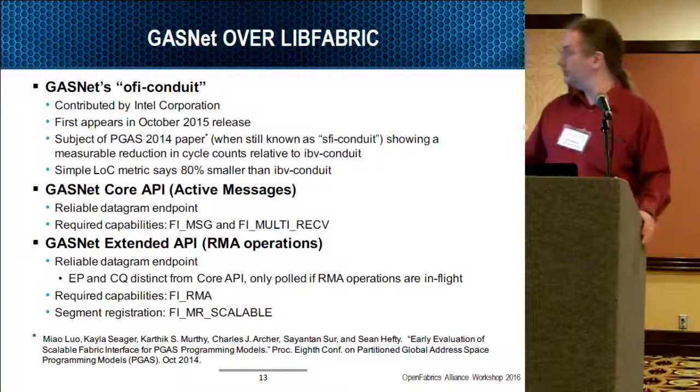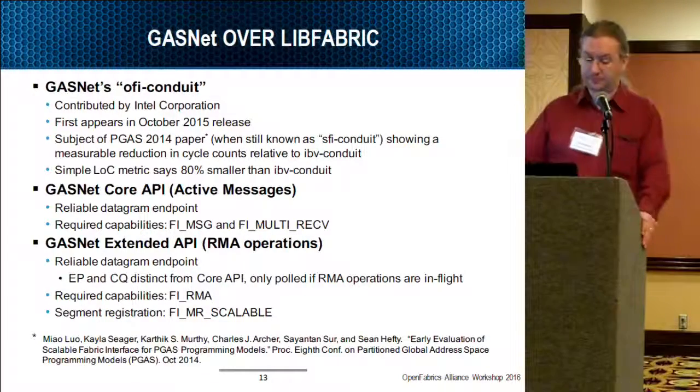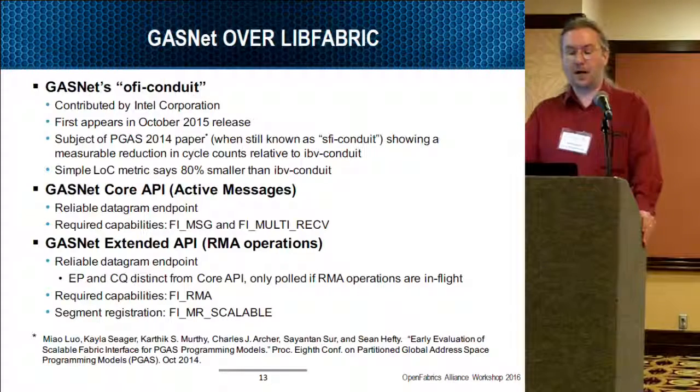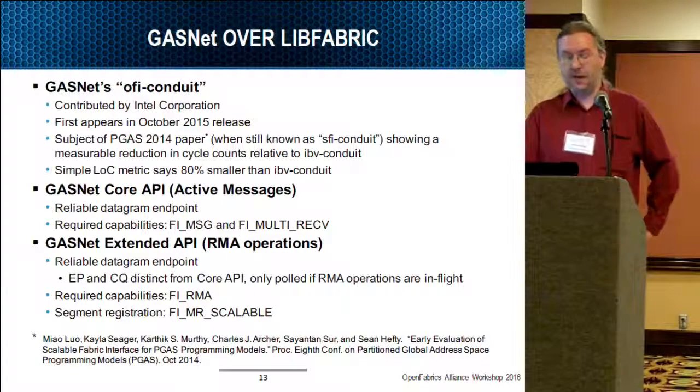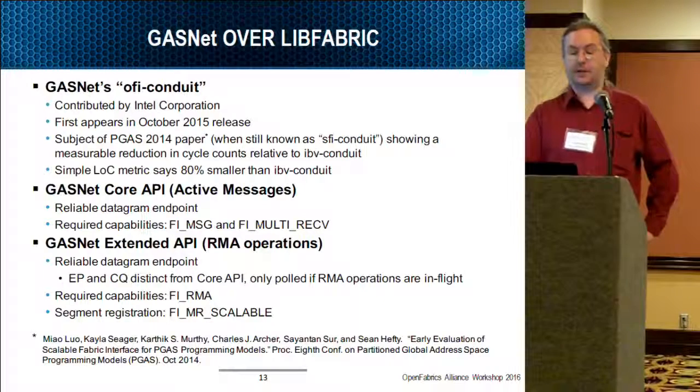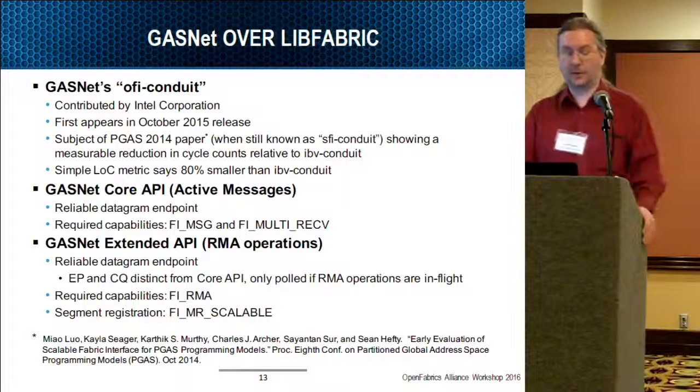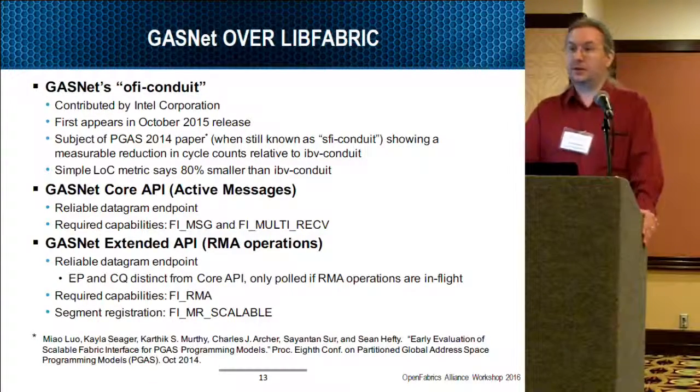But just to sketch the design, the core API, active messages, uses the reliable datagram endpoint types and uses the FI message and FI multi-receive capabilities. I believe it could do without the multi-receive at the expense of more memory. The extended API for RMA uses a distinct, separate reliable datagram endpoint and a distinct completion queue for collecting the completions there.